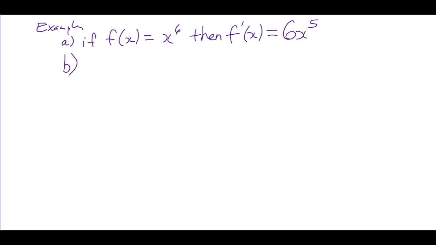Much easier than the limit and expanding x to the 6th. You don't do that anymore, unless we ask you to show it by first principles. If y is x to the 1,000, what's y prime? 1,000x to the 999.